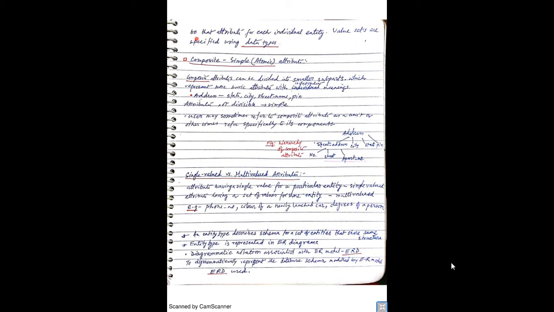The set of values that can be assigned to the attribute for an individual entity, those value sets are specified by data types. Already we have seen in your lab session that data types are there.